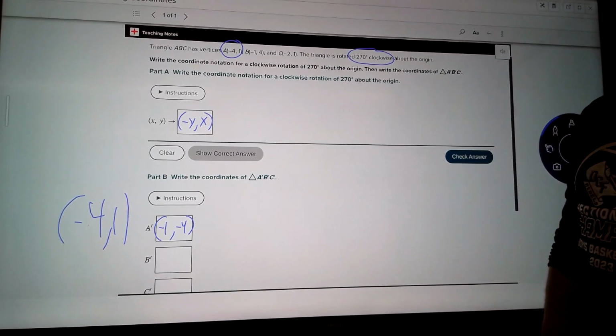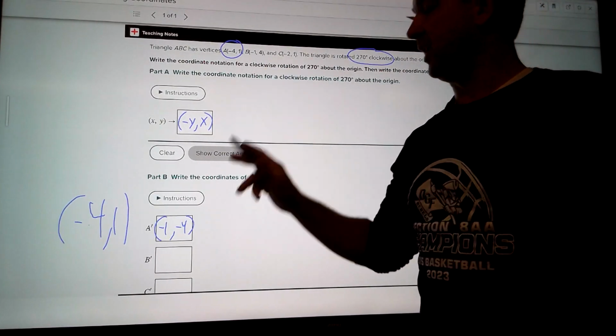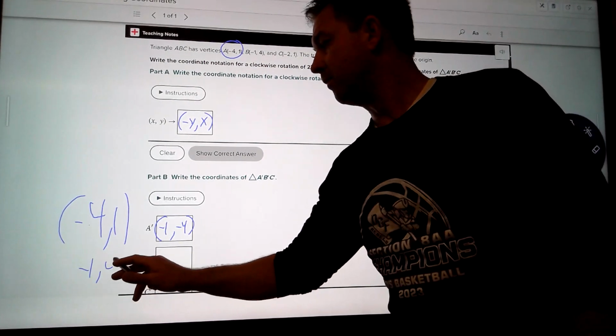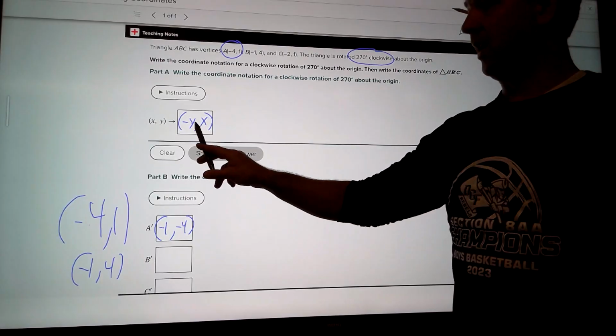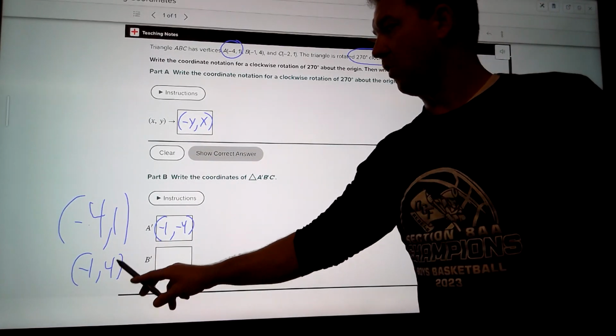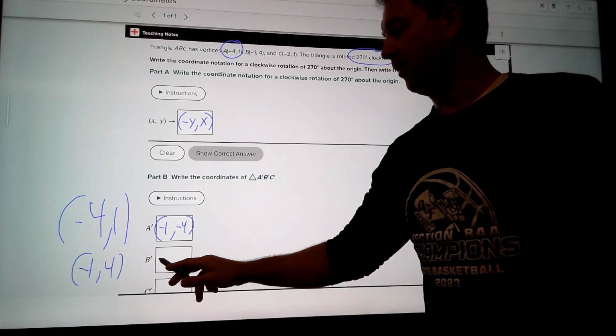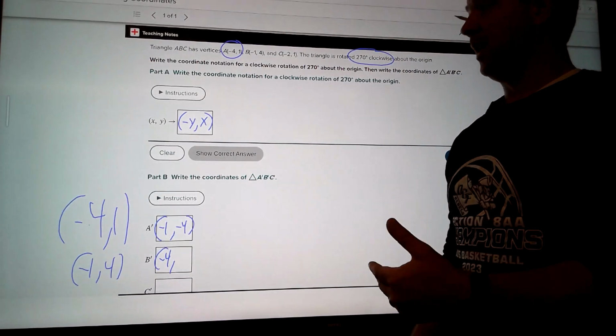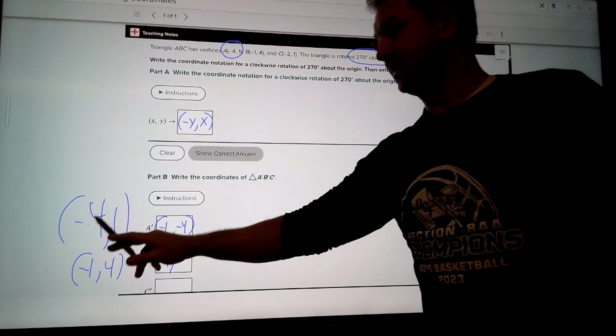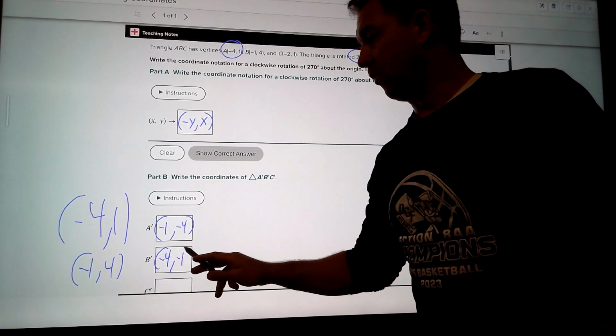How about B? B was a negative 1, 4. Again, I want the opposite of what y was. Since y was 4, I want the opposite of that, negative 4. For my y, it is going to be your x, which is negative 1.